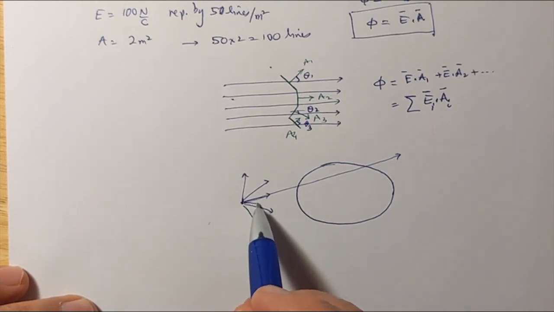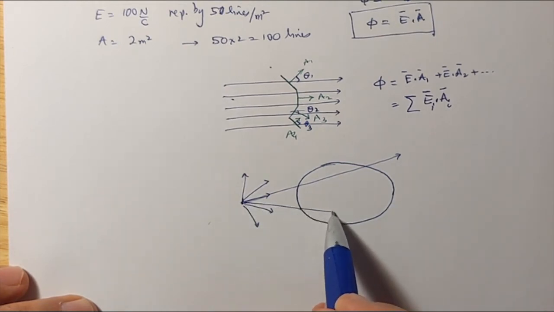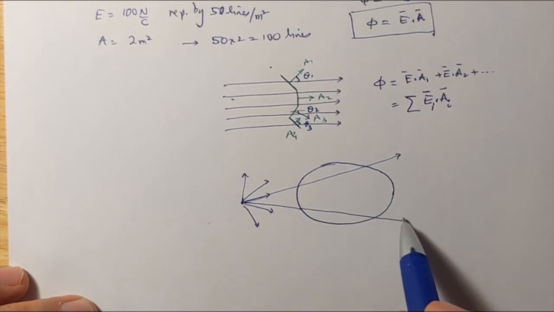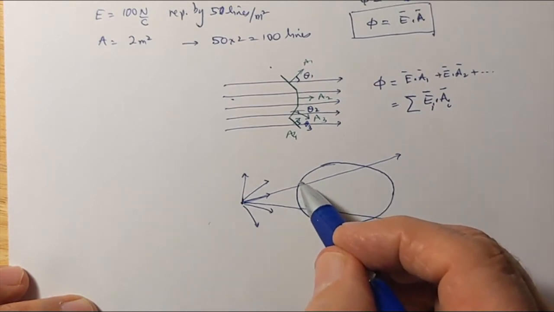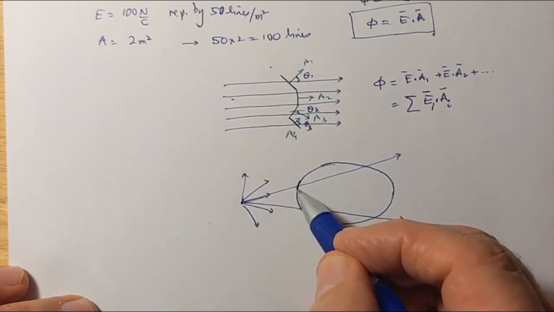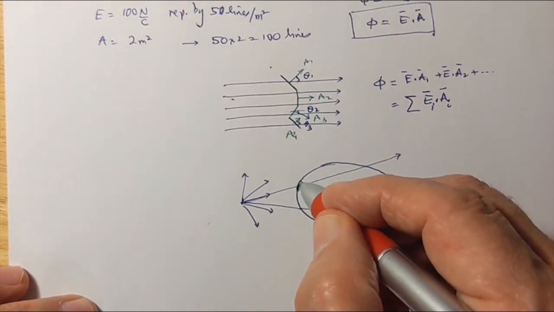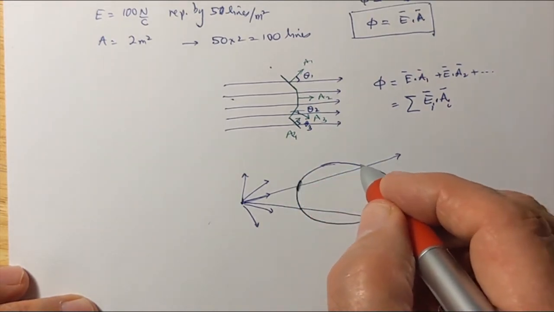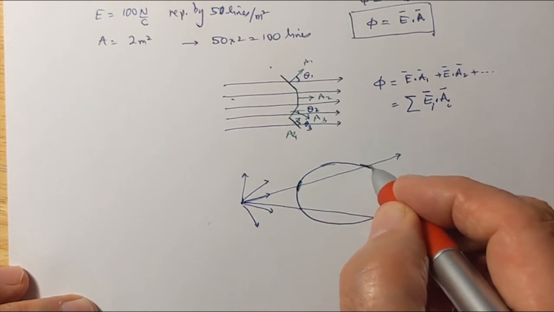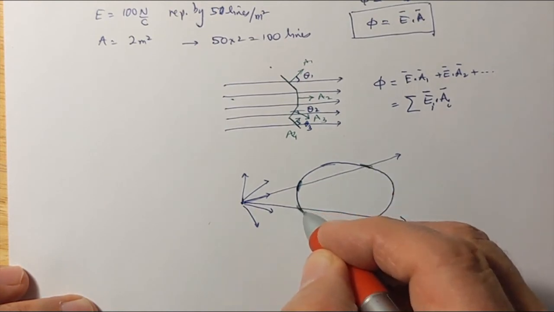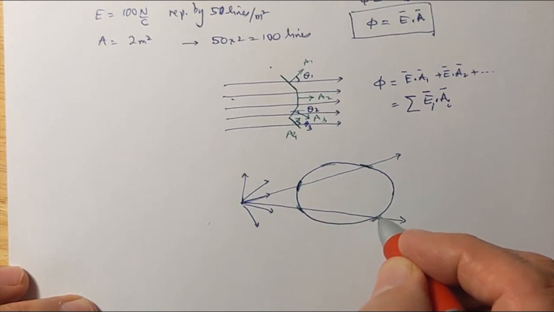And there's another line that enters here, and that will leave from here. So a line enters this little dA, that's our little area, and that's another area, and we'll have an area here and an area here.